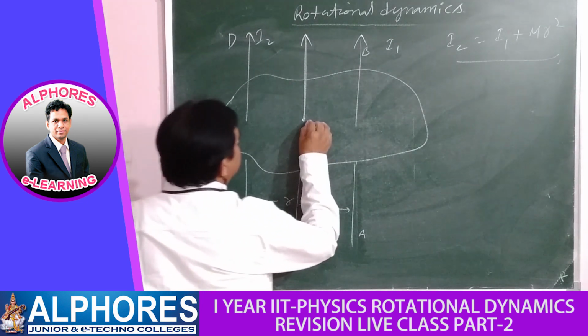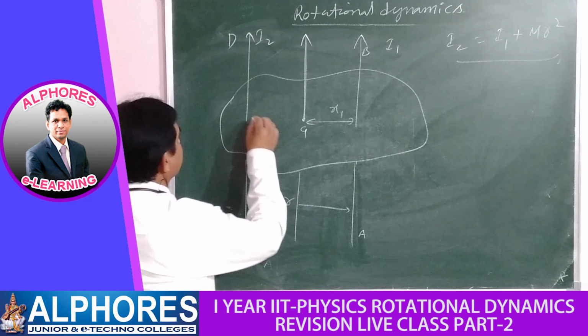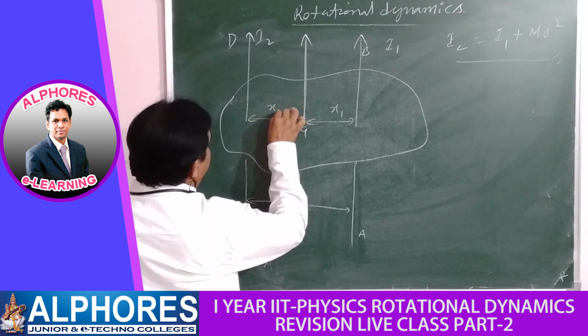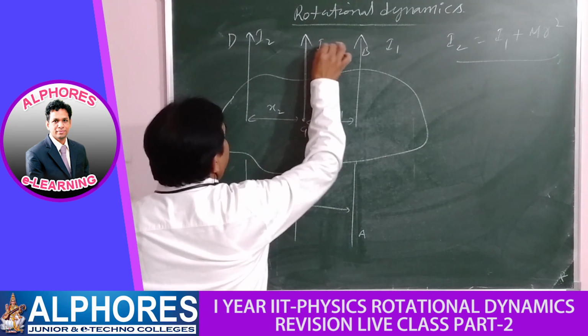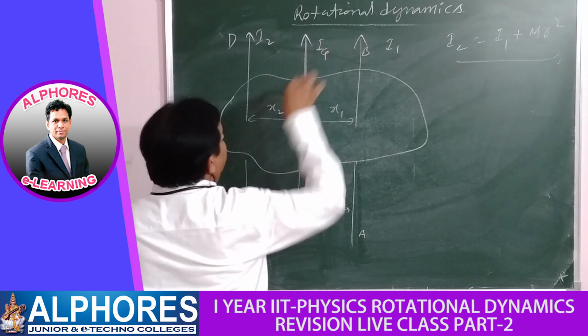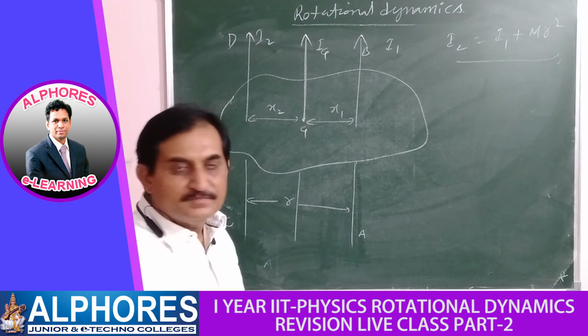Its perpendicular distance is, say, x1, and the remaining distance is x2. Now this has its moment of inertia, say Ig.